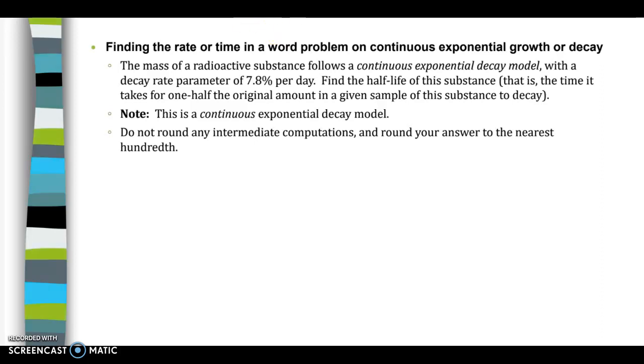So what is the continuous exponential decay model? A equals A naught e to the RT. So we need to know A naught, R, and T in order to work with this equation.